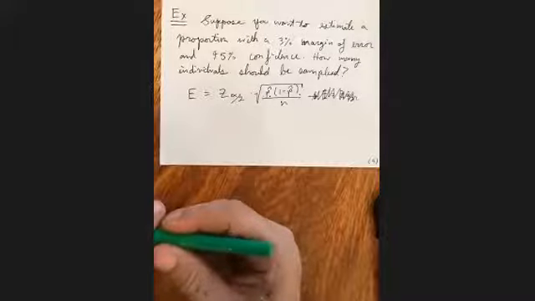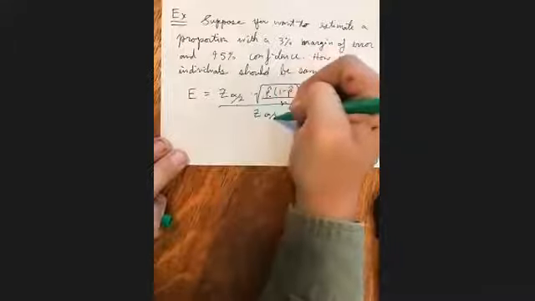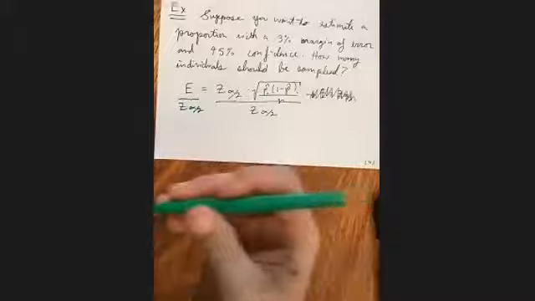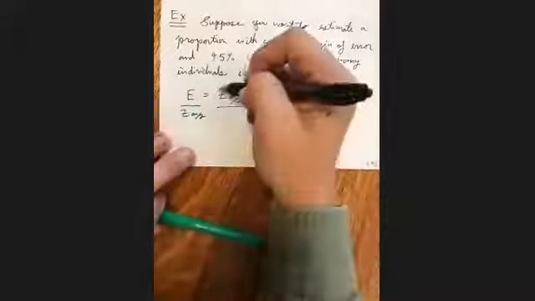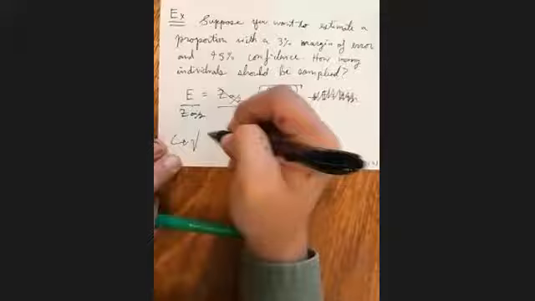To do that, first I'm going to do the math here. We divide by Z alpha over 2, and I'm going to flip this around.